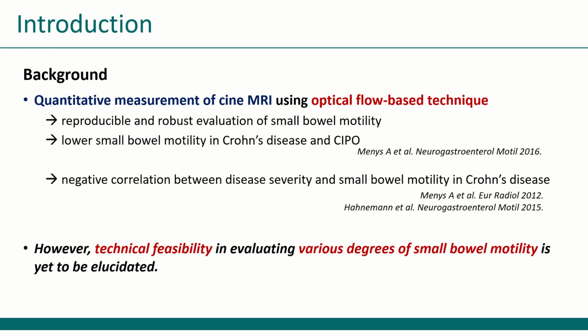A negative correlation has also been identified between disease severity and small bowel motility in Crohn's disease patients. However, these studies primarily focused on the clinical utility and compared the difference in motility according to the presence of disease. The technical feasibility of this method in evaluating various degrees of small bowel motility remained unexplored.